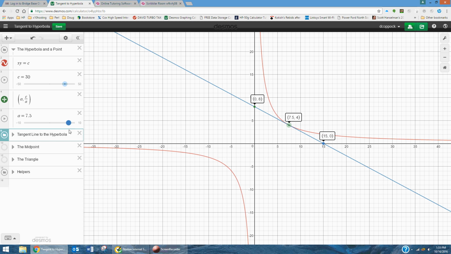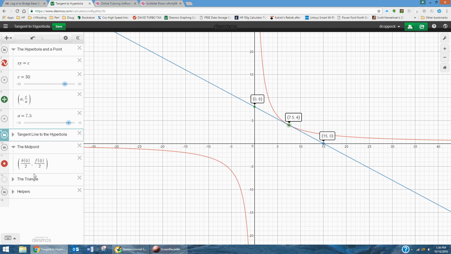So that seems to work. If I highlight the midpoint and hide the point of tangency, you can see that the midpoint and the point of tangency are indeed the same point. So that's what we want to prove in part 1.